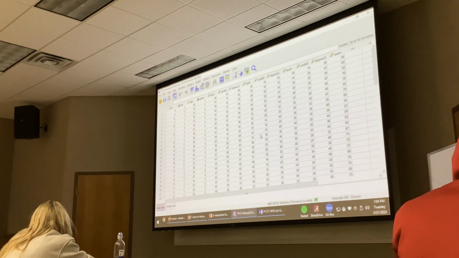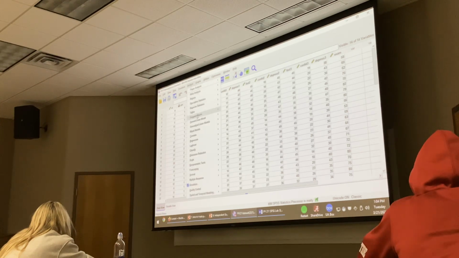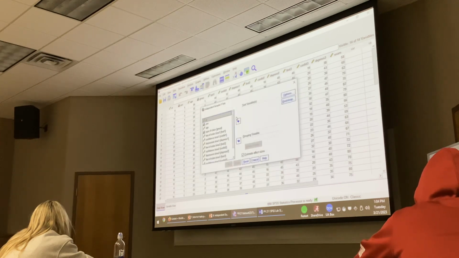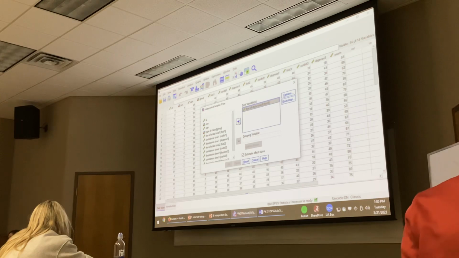So, we are first looking at independent samples t-test to compare groups' fear of stats at time 3. We're going to analyze, compare means, independent samples t-test. Our variable of interest in this first one is fear of stats at time 3.